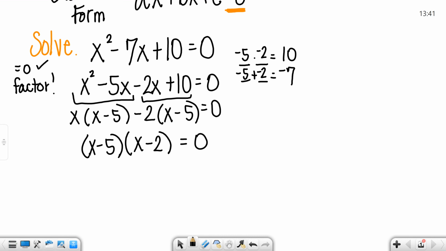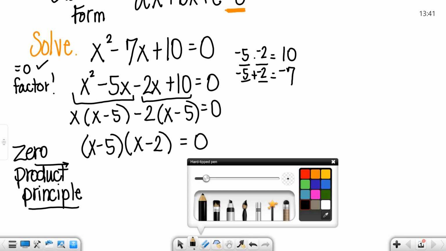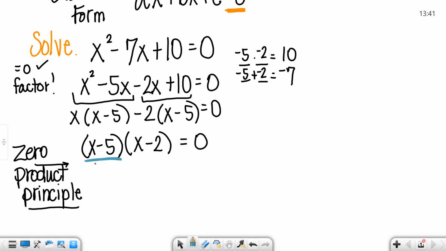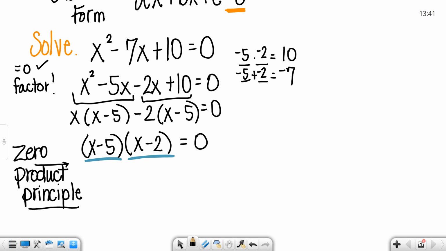Now we are going to apply the zero product principle. That's what this next step is called. Essentially all it's saying is that if I'm multiplying two things together, because this says x minus 5 times x minus 2, one of them has to equal 0.